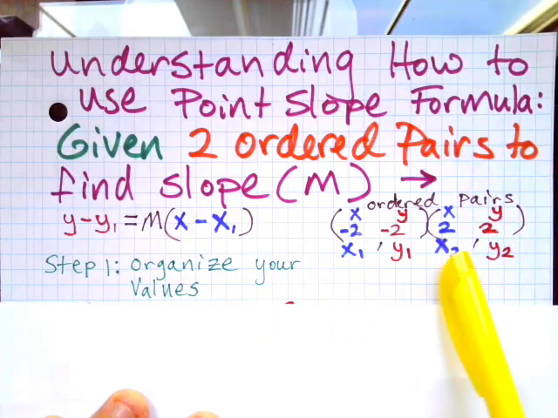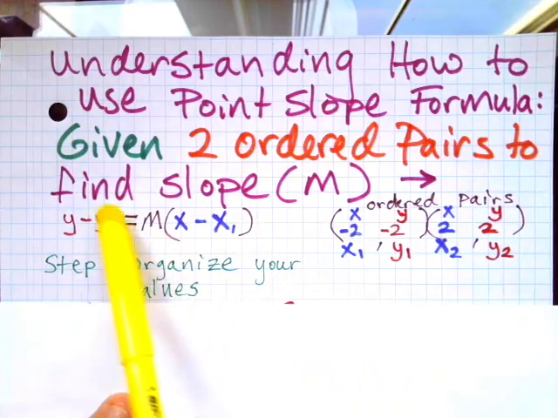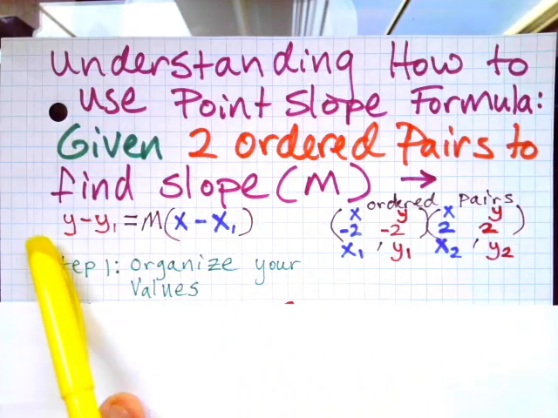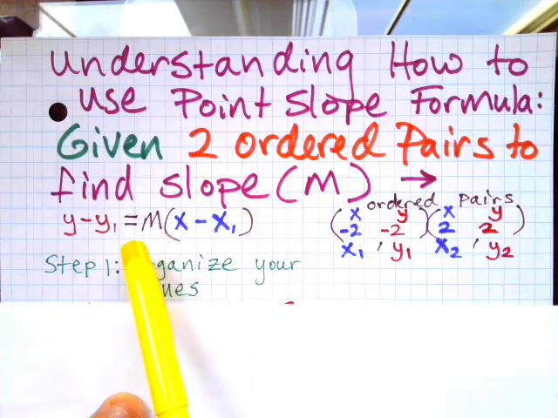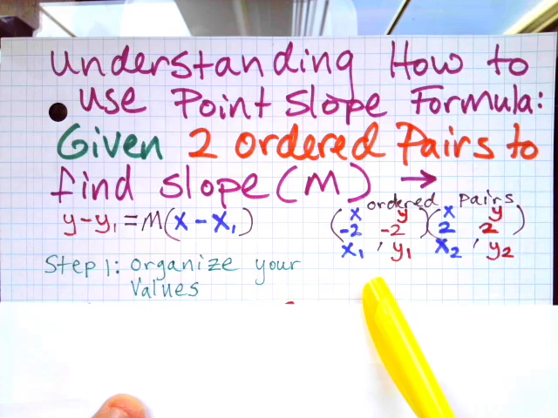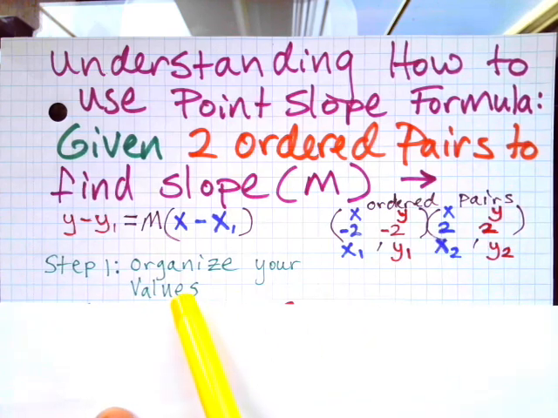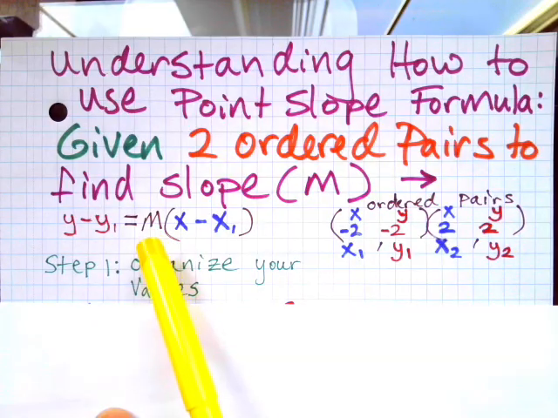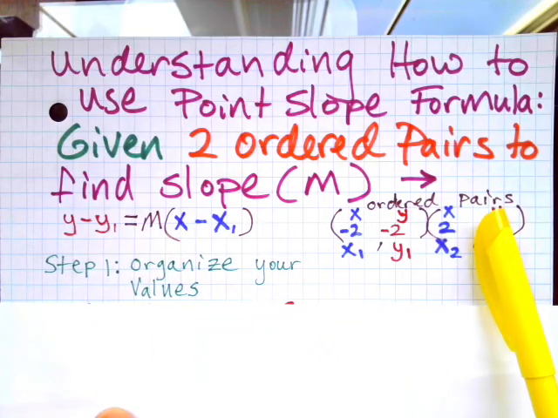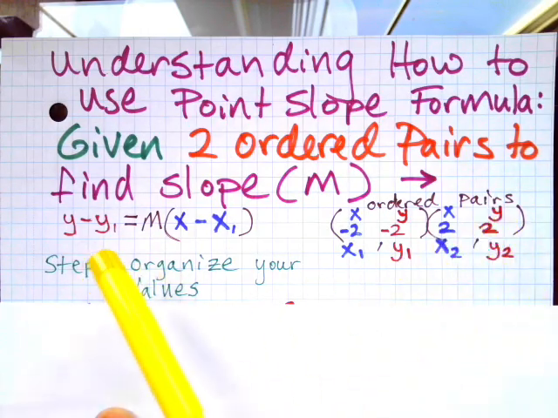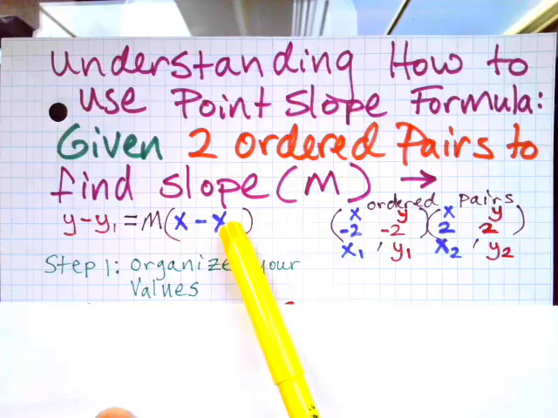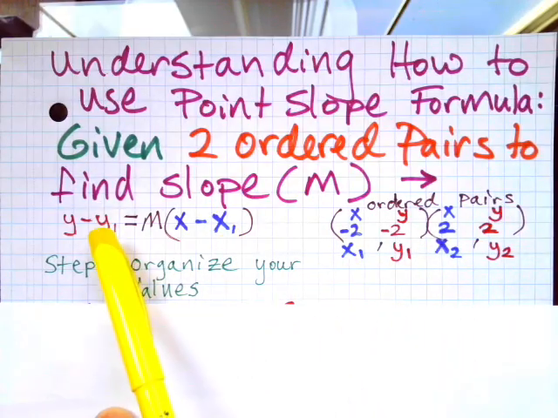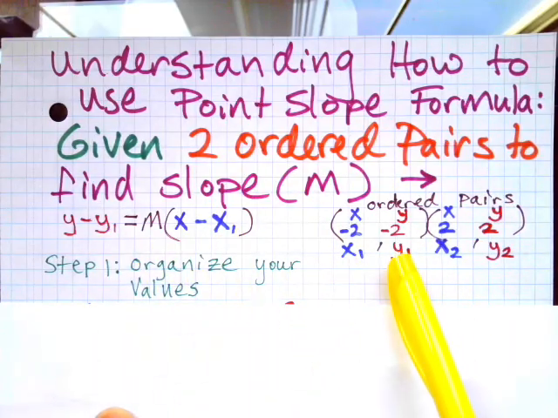So I want to organize these values because I'm going to be substituting them into the formula so I can solve and determine what my slope is. If I was given the slope value and I was missing a y value, well, I could substitute my slope value, I could substitute my two x values, and I could substitute one of my y values.